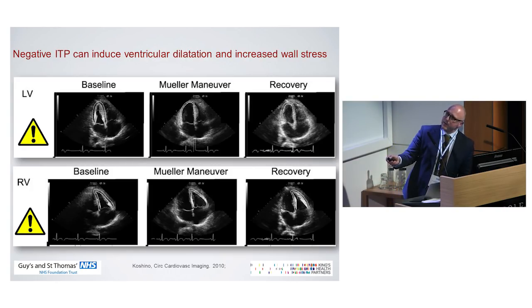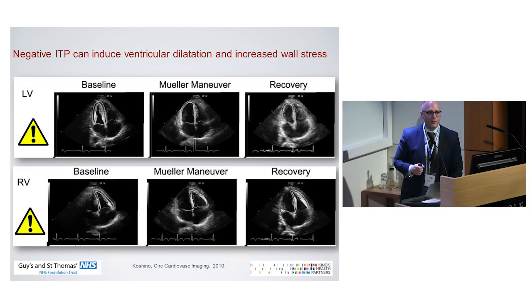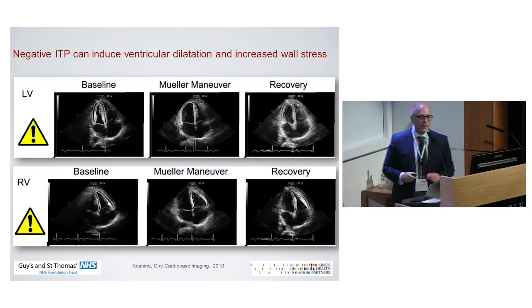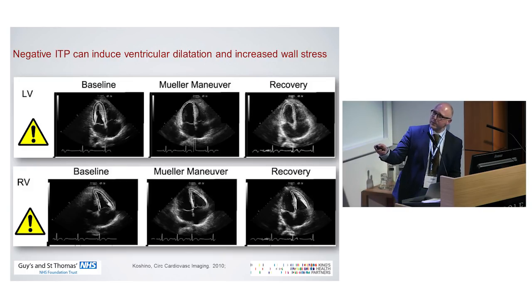Now, I put over there at the top, this is the LV, and this is the RV. And this is a Mueller maneuver, which is essentially a deep inspiration when the glottis is closed. What it simulates is a deep negative intrathoracic pressure, which the patient might develop when he's trying to breathe and can't, either because there's an obstruction of the airway or because the work of breathing is much higher.